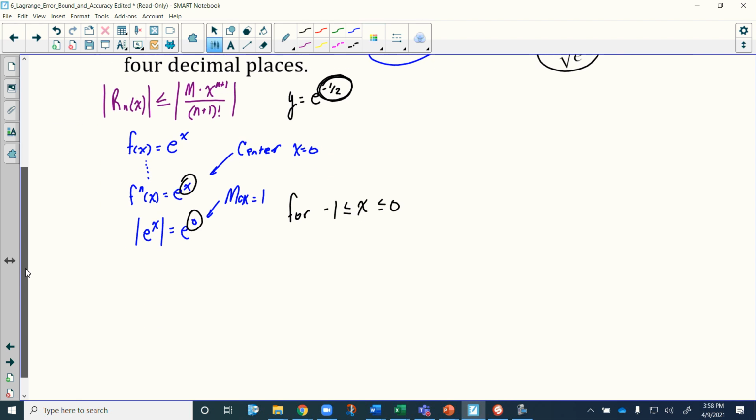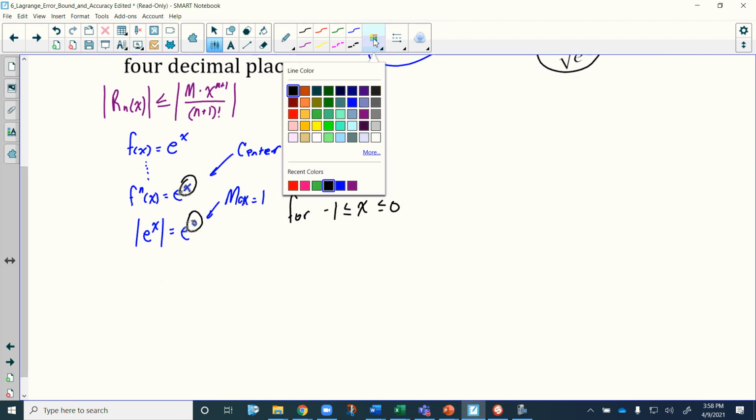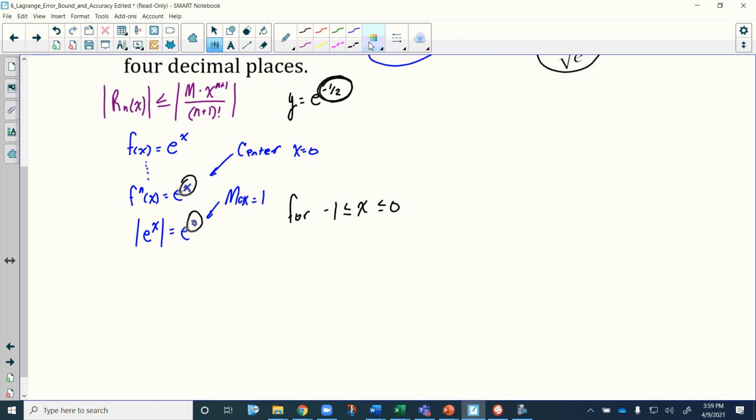So now I have some information that I can take and substitute back into my remainder expression. Coming back to this, the absolute value of R sub n of x is equal to the maximum value, which in this case is a 1, times x to the n plus 1 power. And in this case, we don't know what the degree is.